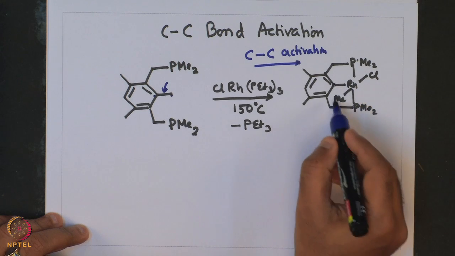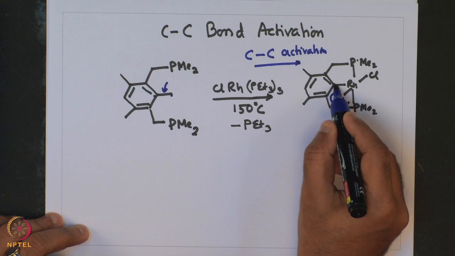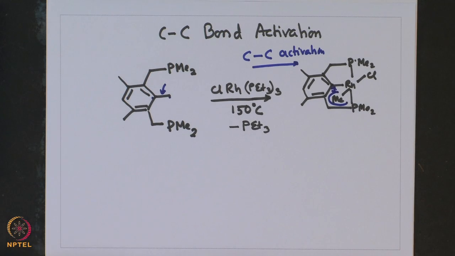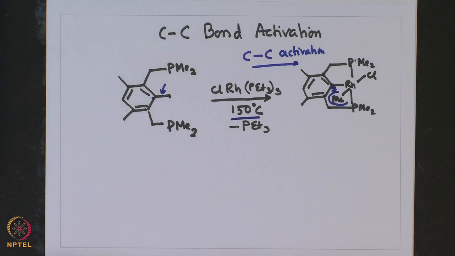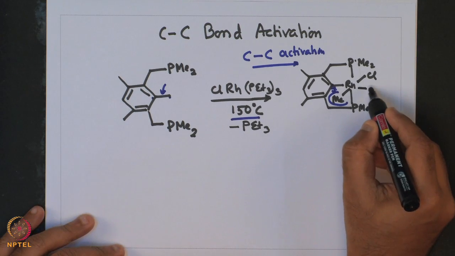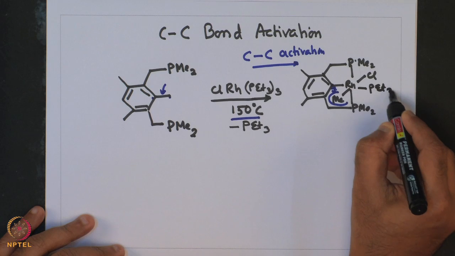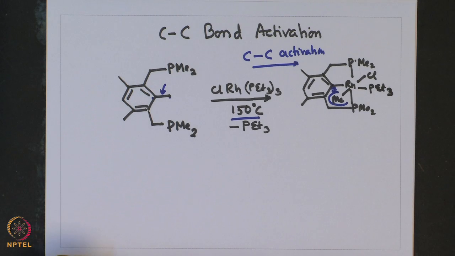So, one is over here, the other is over here, and this is the C-C activated product. As C-C activation is very challenging, the reaction is carried out at a very high temperature of about 150 degree centigrade. So, this shows how challenging the C-C activation is.